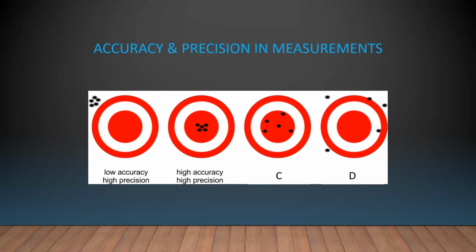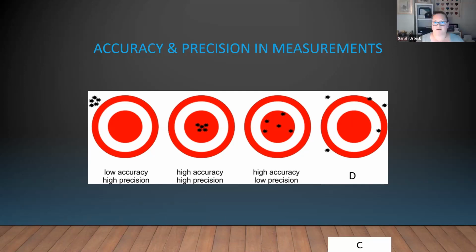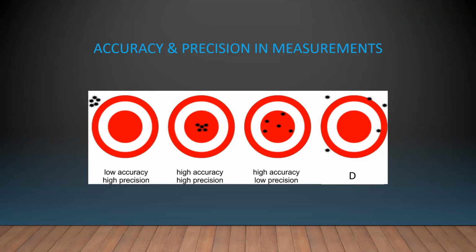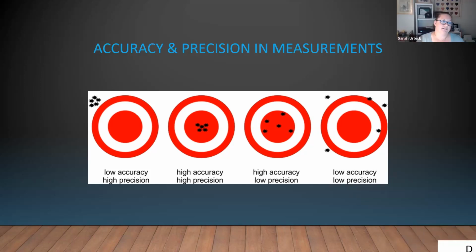Accurate, but not precise. Very correct. Yes. High accuracy, low precision. Okay. Still not bad. Okay. And last one. It's not accurate or precise. Absolutely. Low accuracy, low precision.